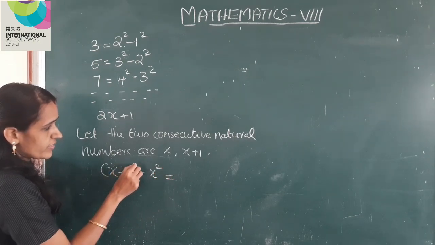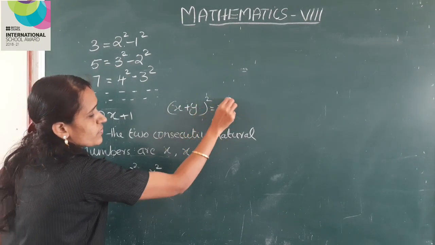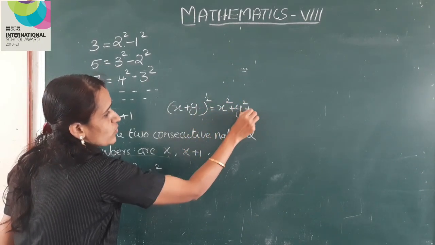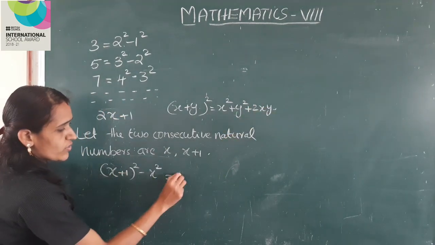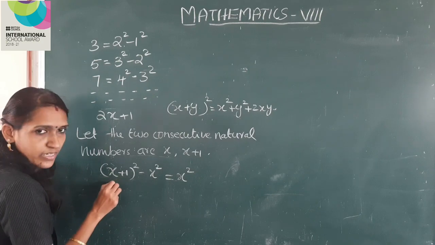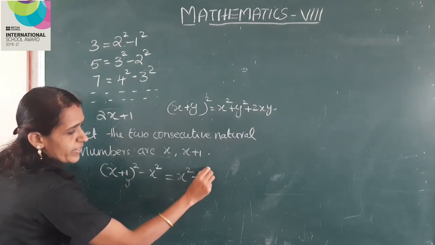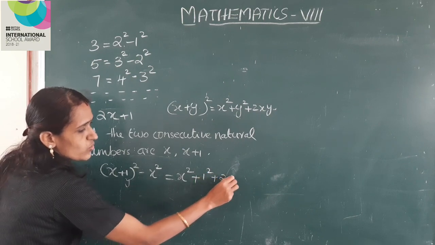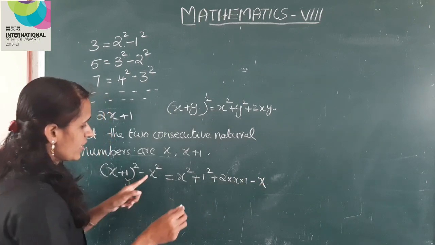Here using the identity x plus y whole square is equal to x square plus y square plus 2xy, x is x and y is 1. So x square plus 1 square, which is 1, plus 2 into x into 1, minus x square.